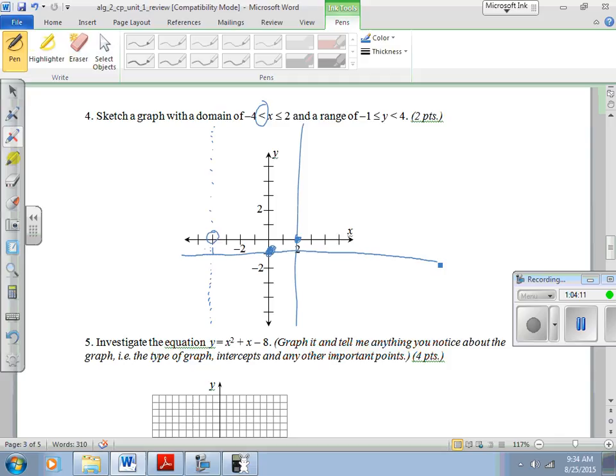Closed or open? That's a dash 4. And does everybody see where you're restricted now? Your graph can only be in this little square. Everybody draw a graph of one of the parent functions that we have talked about in that little square. Or you could draw any graph you want.